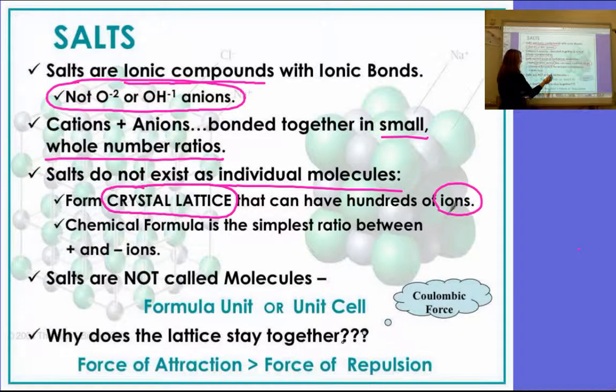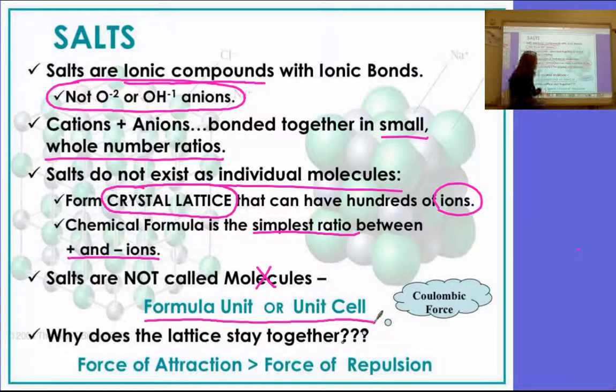So really, we're taking the simplest ratio of your cations and anions, and we call that the chemical formula. They're not called molecules, they don't exist together. They're called formula units or unit cells, because they're in these big crystal lattice structures.